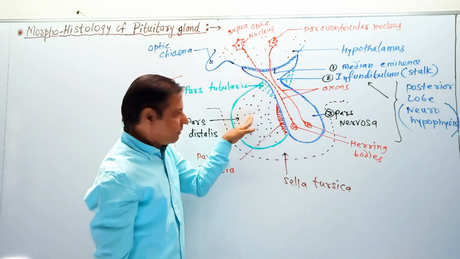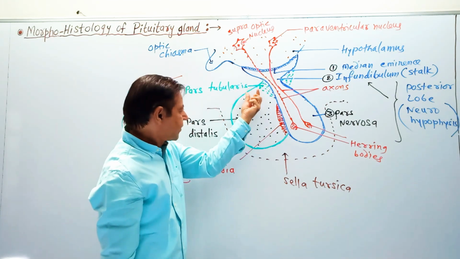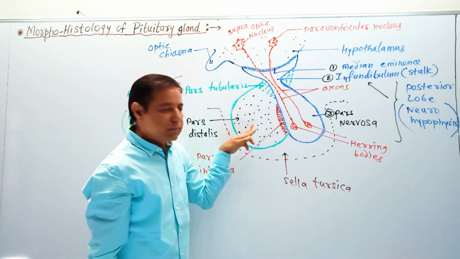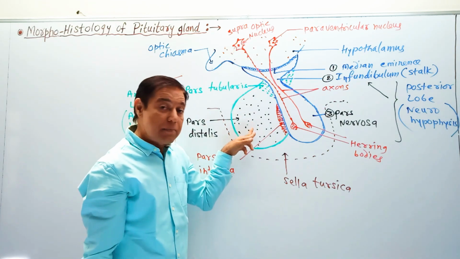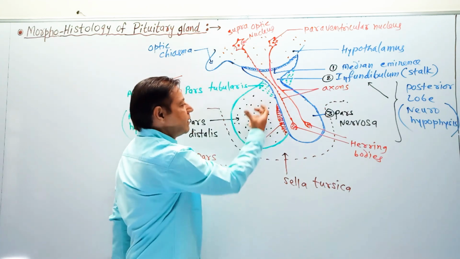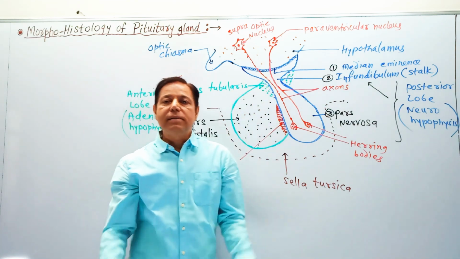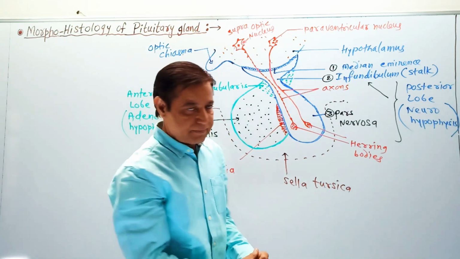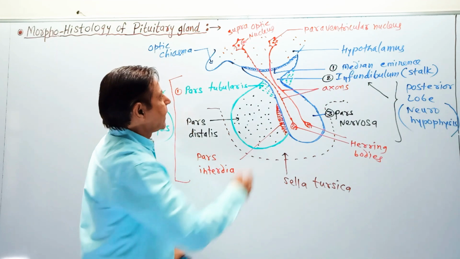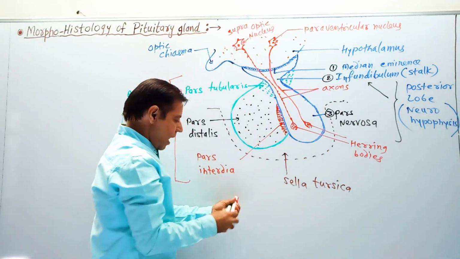Through portal vessels or capillaries, blood is supplied from the hypothalamus to the hypophysis. Hypophysis means pituitary gland. The hypophyseal portal system means the portal system of the pituitary gland. In this way, the blood vessels are here.